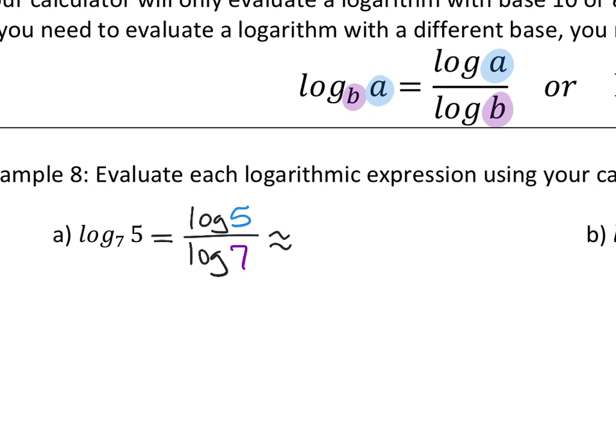The on button. It's a couple above the on button. It's on that side. It's like 4 above it is the log button. Or you could choose natural log as long as you stick with the same thing. Log of 5 divided by log of 7 is approximately 0.827. Now again, because we're approximating this answer and we rounded it, I would like for your equal sign to be wavy. That means approximately equal to.